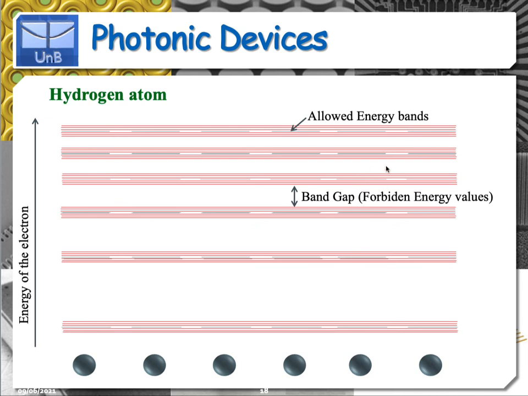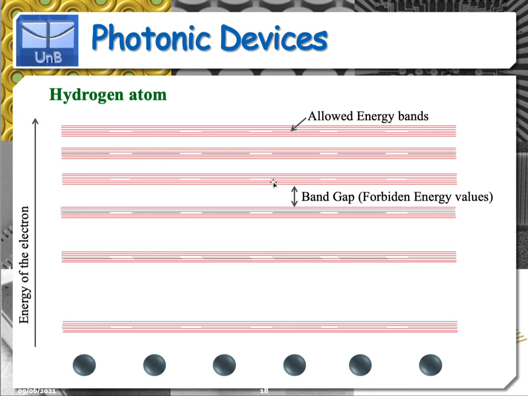The electron will always tend to occupy the states associated with the lower energy levels first, and therefore you are going to have a number of energy bands which are completely filled right here, and then it's going to come to a point where the next one over might be empty. So when this happens, the highest energy band which is completely filled is the valence band, and the lowest energy band which is completely empty is the conduction band.